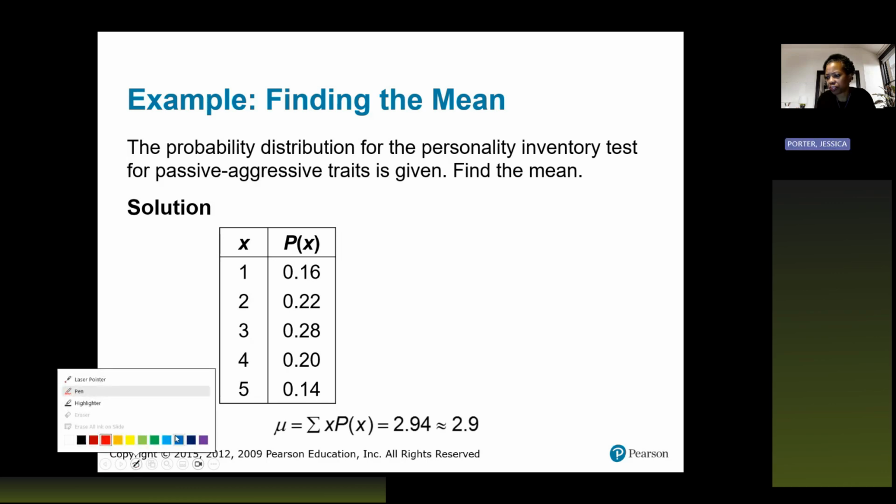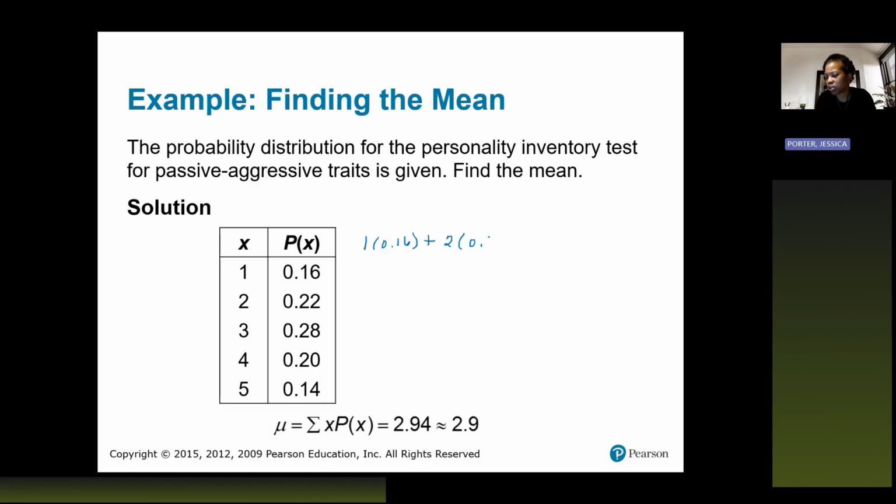try the pen, is 1 times 0.16 plus 2 times 0.22 plus 3 times 0.28.